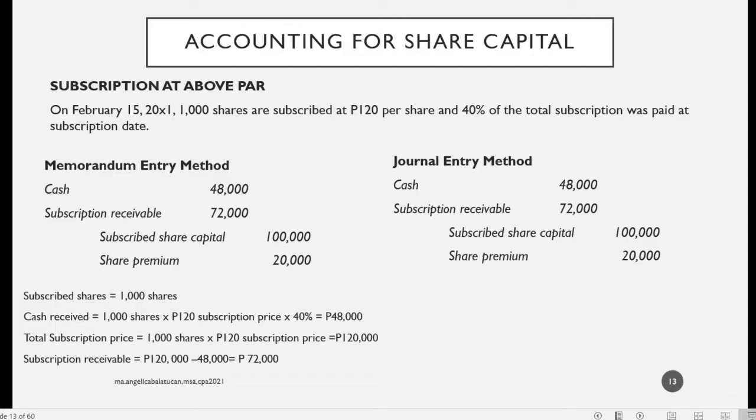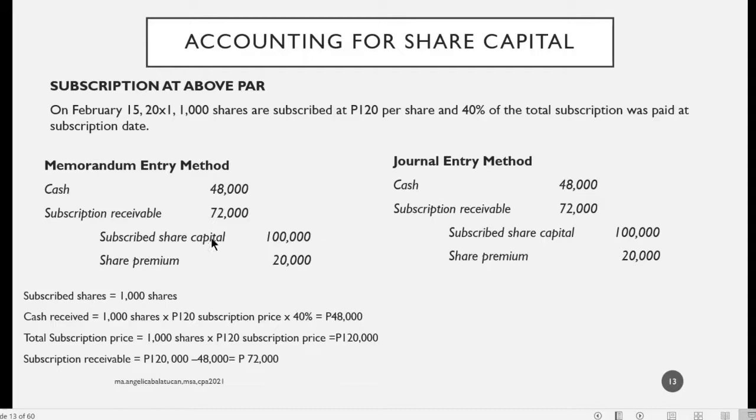So that's 48,000. Then to get the subscription receivable, we need to get the total subscription price. So 1,000 times 120. And then the remaining amount after you deduct the payment from the subscribers, 48,000. So the remaining amount is your subscription receivable.